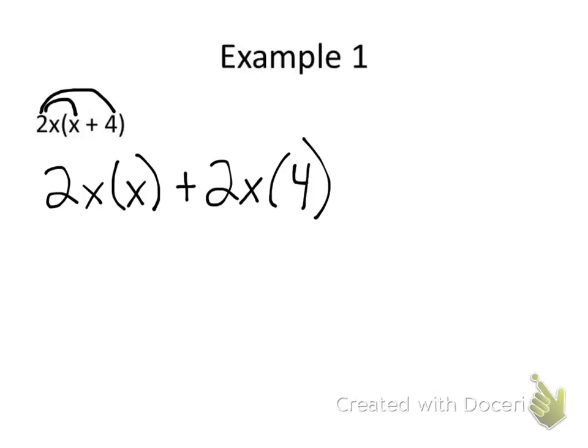What is 2x times x? 2x to the second power. Yes, x times x is x squared. You add the exponents, okay? So we have 2x squared in the front. What's 2x times 4? 8x.